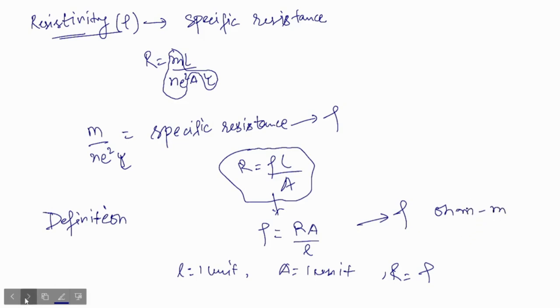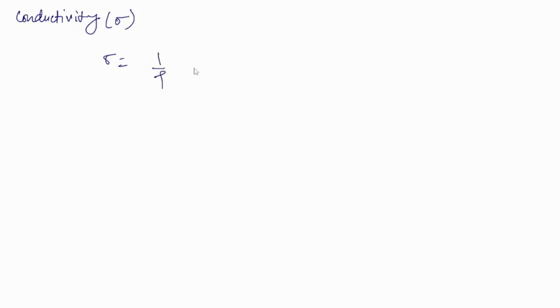ओके, ठीक है. अगला टर्म है कंडक्टिविटी. This term is denoted by sigma. Conductivity is basically the reciprocal of specific resistance. Sigma is 1 by rho, the reciprocal of resistivity, known as conductivity.